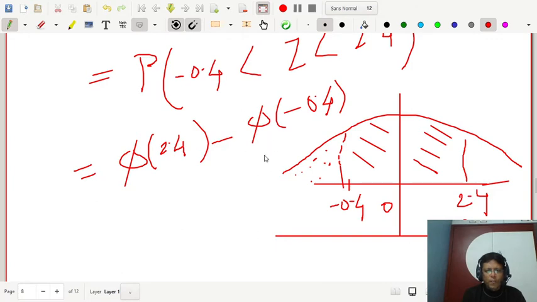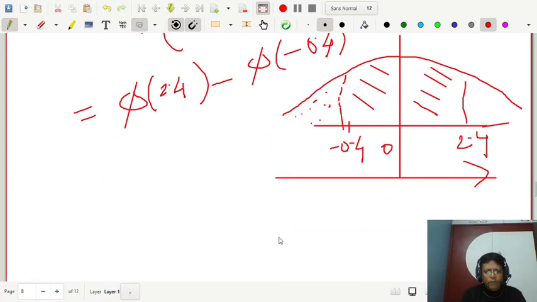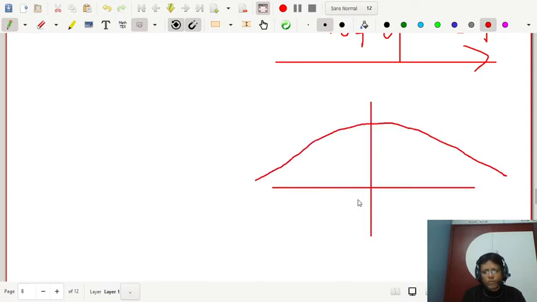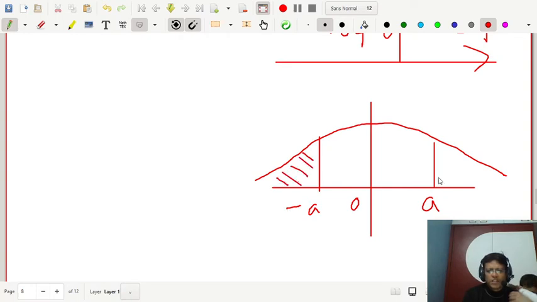So phi of minus a, how will you calculate phi of minus a? Let me show you minus a. This is your 0, this is your minus a, a is any value, and this is your a. So minus a means this region is equal to this region, same, because this is symmetric.